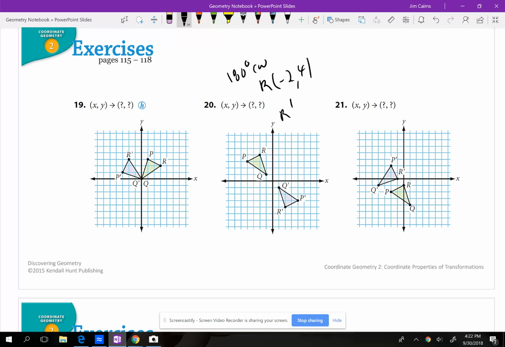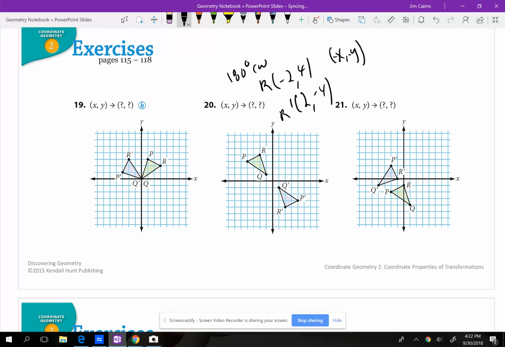R prime is 2, comma, minus 4. So it looks like the x and the y stay the same. You just make them both negative. And you're done.